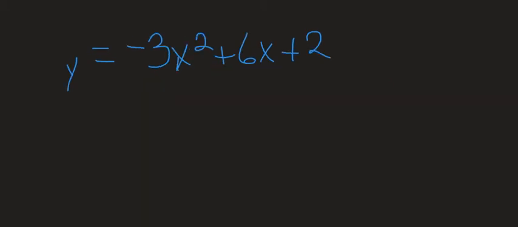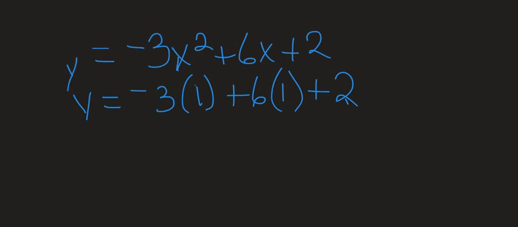Now, to get our vertex, we're going to substitute our answer for our axis of symmetry back into the quadratic. So our axis of symmetry was x equals 1, and then we're going to solve for y. So our y equals negative 3 times 1 is negative 3, plus 6 times 1, which is 6, plus 2.